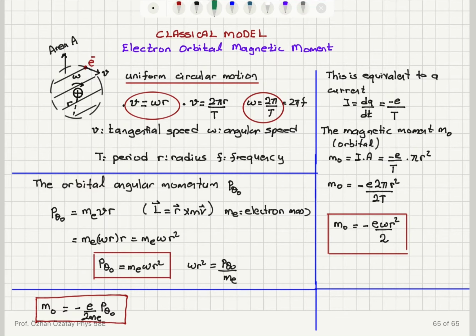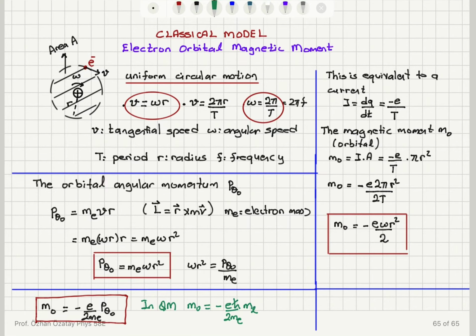So let me write here the quantum mechanical result. So if we were to use quantum mechanics, this would be modified. You would have the magnetic moment due to the orbital motion to be minus e h bar over 2me times the quantum number, orbital angular momentum quantum number, m sub l.